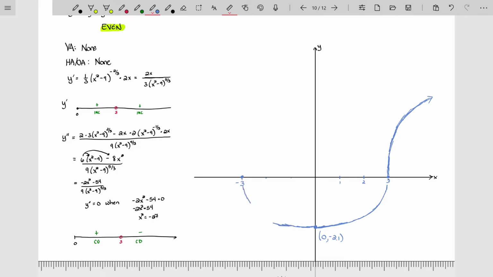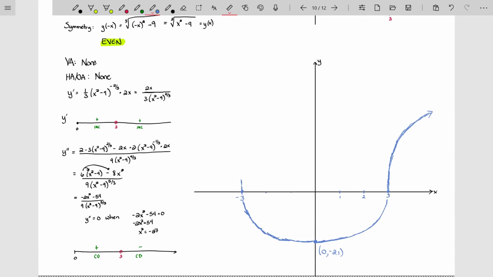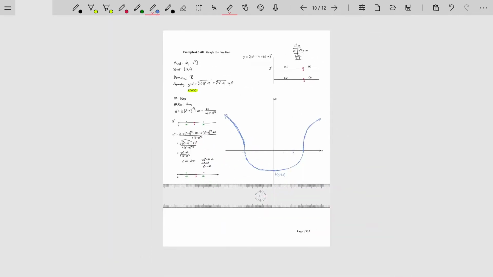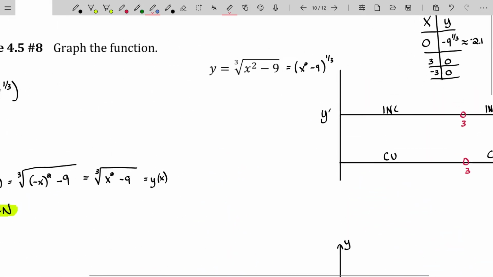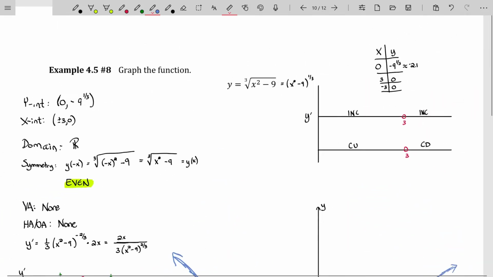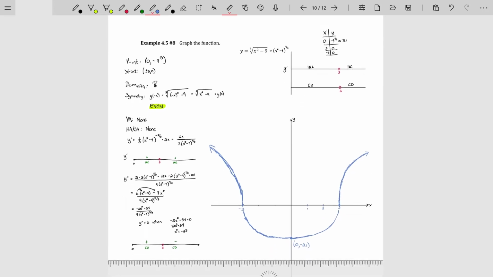Remember, it goes vertical right there, just momentarily, so I'm going to try to showcase that. Notice I am taking a lot of care in this. And by the way, it's also concave down from this point forward. There we go. I know it's a little lopsided, but not too terrible. That is the graph of the cube root of x squared minus 9. Very accurately done.